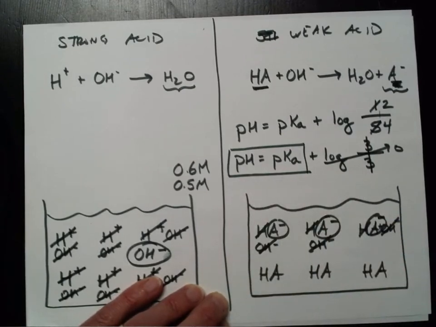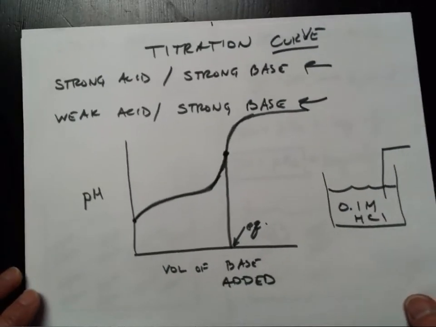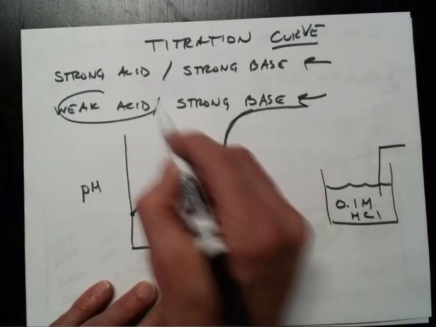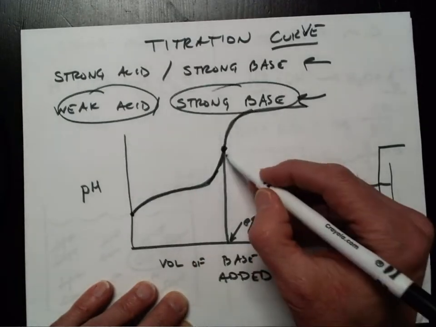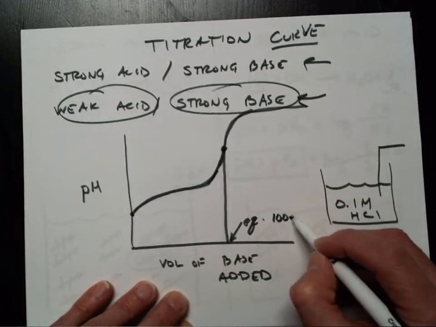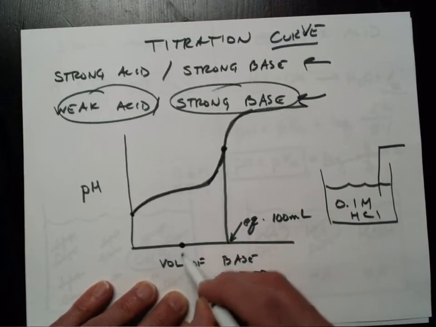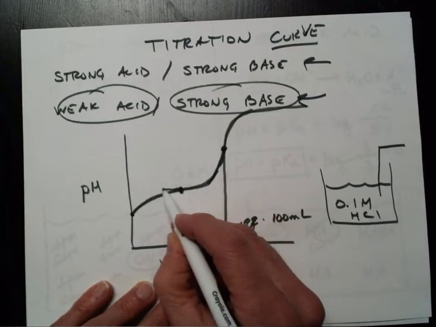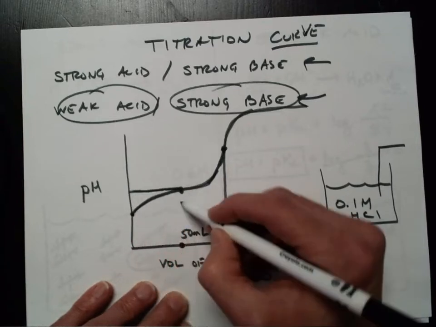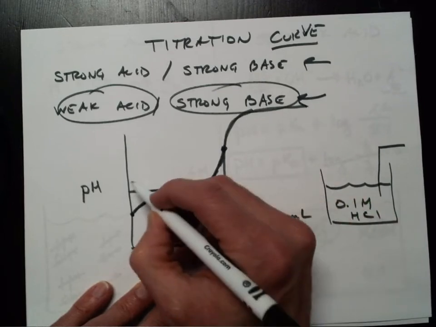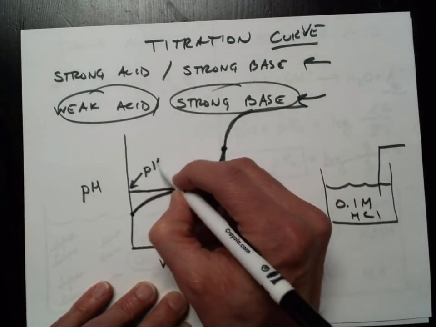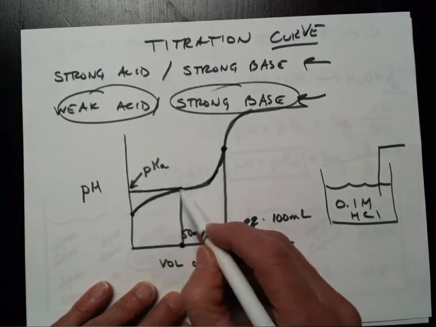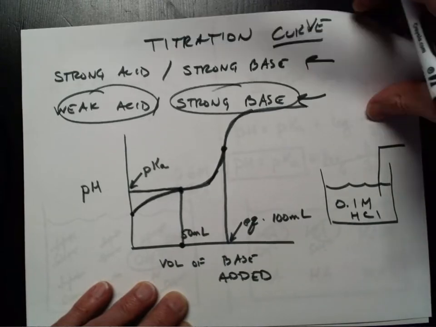So in such a titration curve, such as this one, if we're actually doing a titration of a weak acid with a strong base, and this is our equivalence point, we'll say 100 mils, we can go here to 50 mils, which is the half equivalence point. We can find the pH that corresponds to the half equivalence point, and that's the pKa for the acid. That's pretty cool. So if this was an acid with a pKa of 5.1, then the pH at the half equivalence point, we'd expect it to be 5.1.